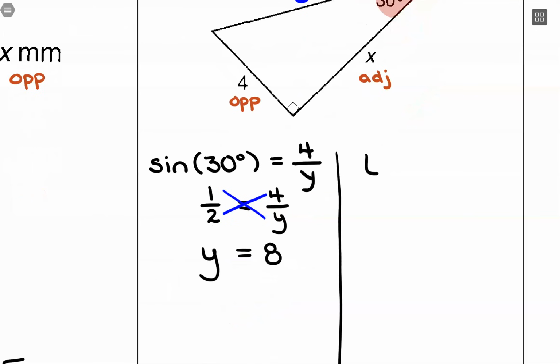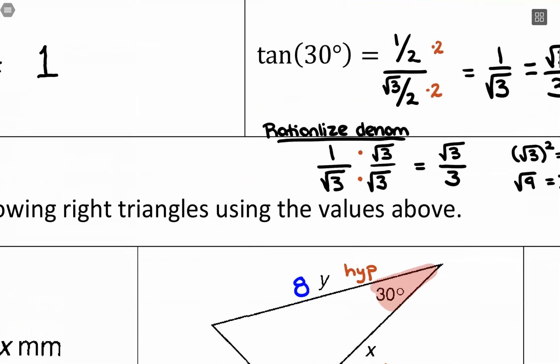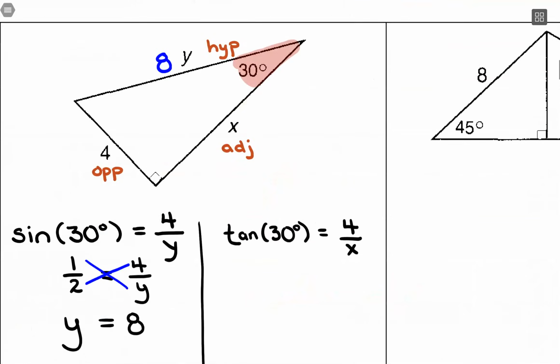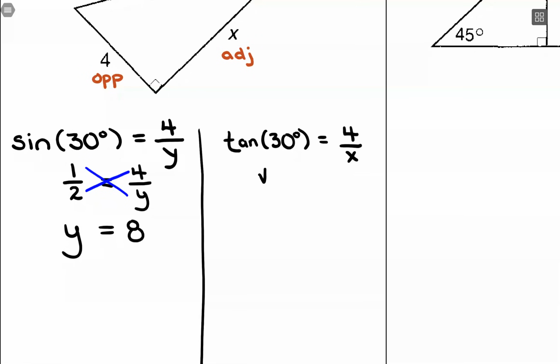So tangent of 30 degrees is equal to opposite over adjacent, so that's going to be 4 over x. Now what I found up above here is tangent of 30 is root 3 over 3. So I'm going to make that substitution.